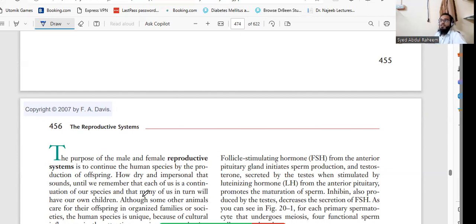So there is a need for a system, the reproductive system. Why is it necessary? This is the world where you welcome a newborn to see this entire universe.